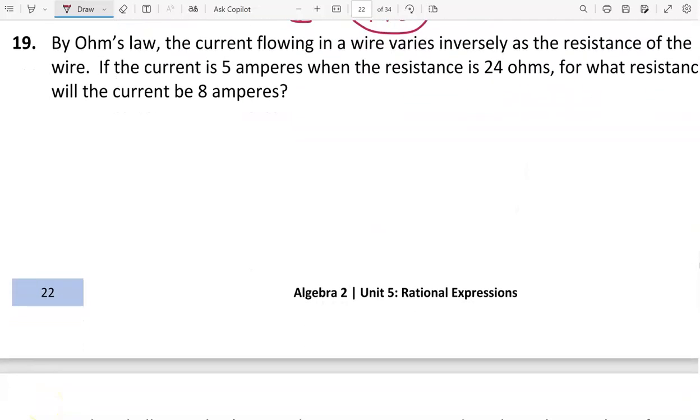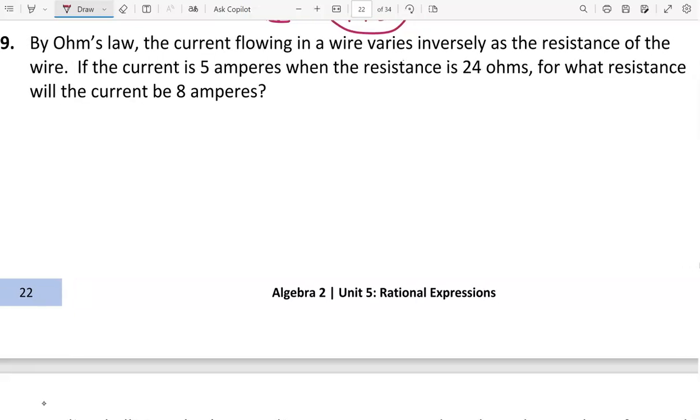In number 19, by Ohm's law, the current flowing in a wire varies inversely as the resistance of the wire. So let's let C equal current, and that varies inversely, so that's equal to K divided by the resistance, let's call that R, of the wire.